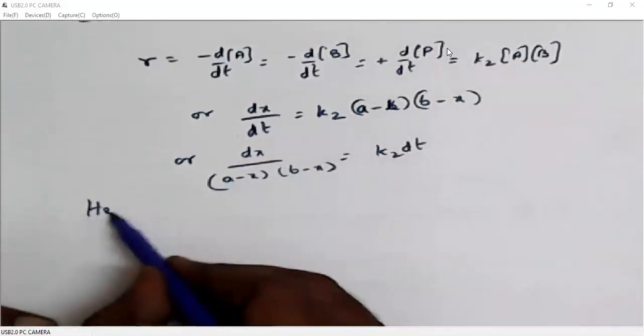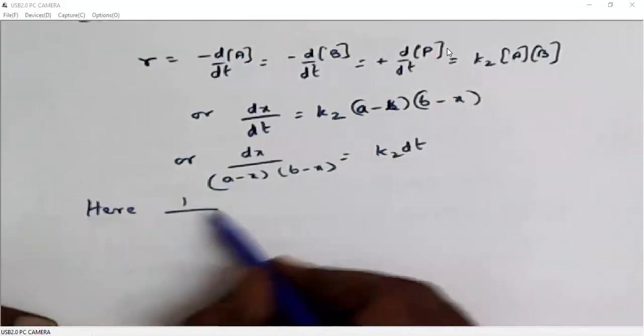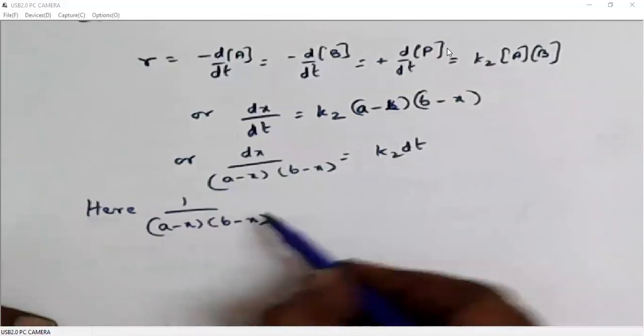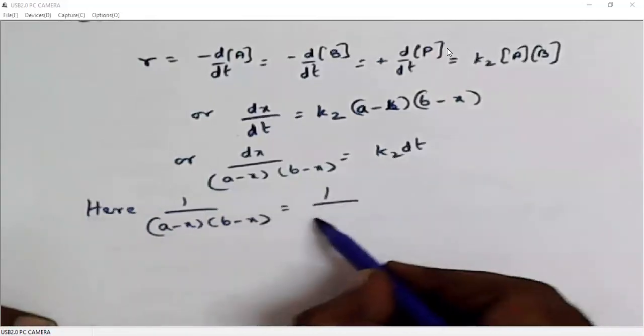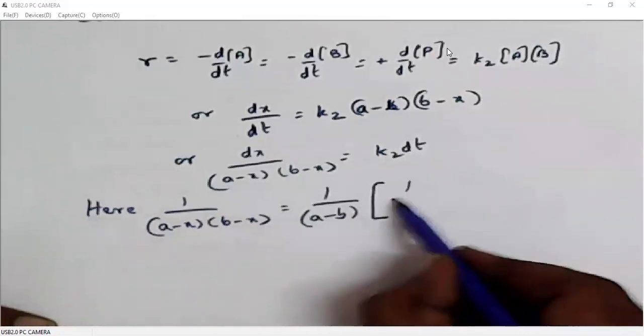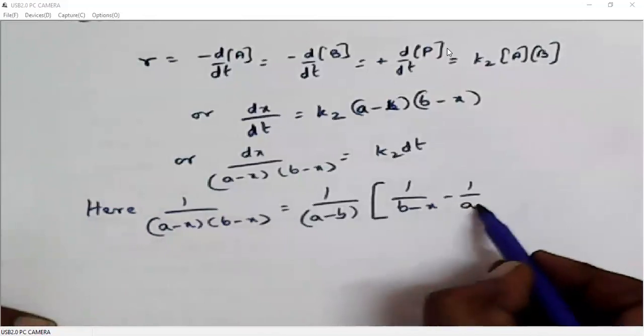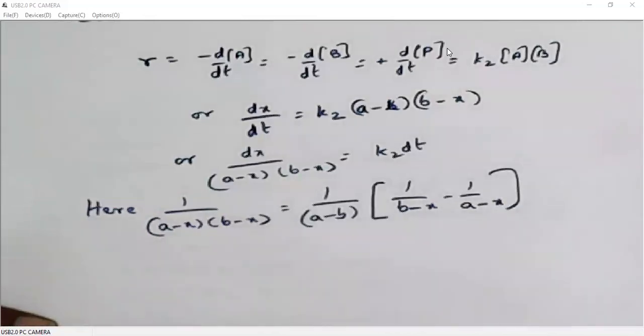How do we do this? Here we can simplify 1 by (A minus x) into (B minus x) as 1 by (A minus B) into [1 by (B minus x) minus 1 by (A minus x)].